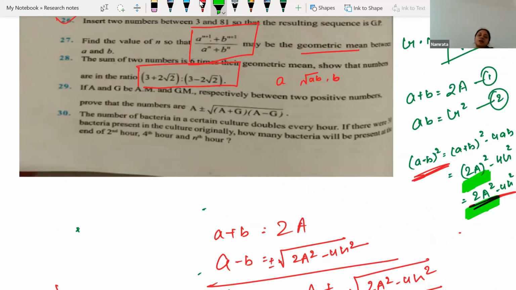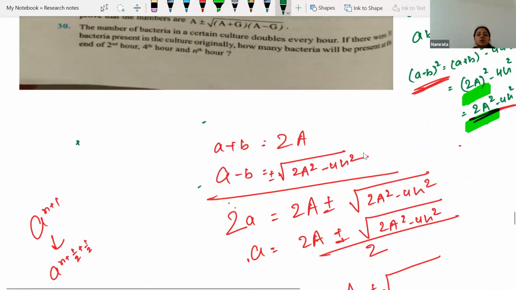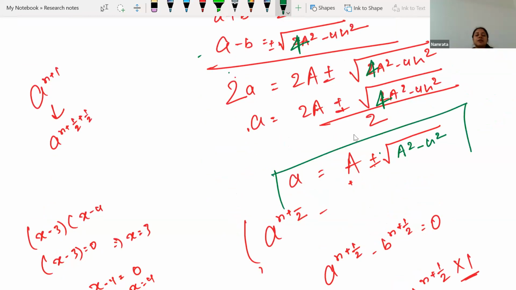Yes, ma'am. And eventually 2 will come out from the square root sign. So it will not be 2A square, it will be 4A square. So 2 will come out, and the denominator will cancel out that 2. We will have A square minus G square only in this. This is our a value.